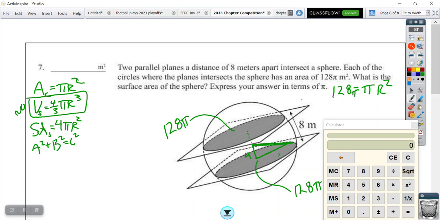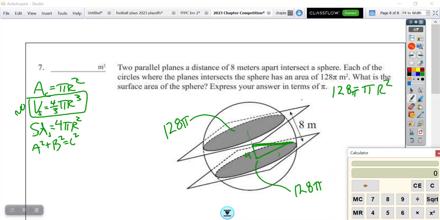Well, this just is a problem to solve. If I have a pi on the left side and a pi on the right side, they cancel out, don't they? Yes. Okay. So that means the radius squared has to equal 128, yes? Okay.